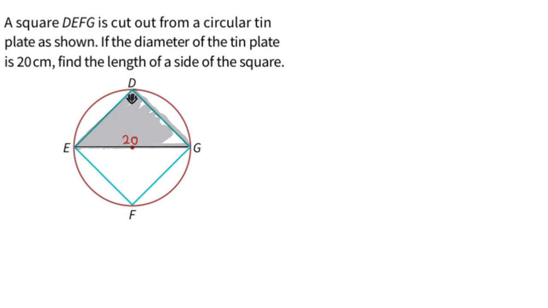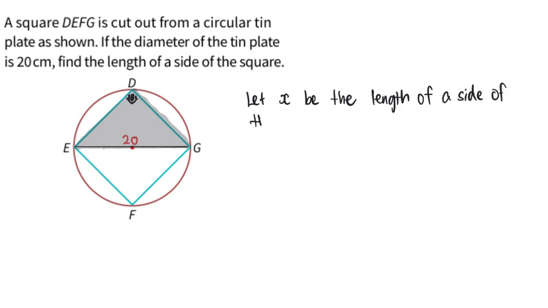And since we are dealing with a right angle triangle, I'm going to write it down here. I'm going to let x be the length of the side of the square.